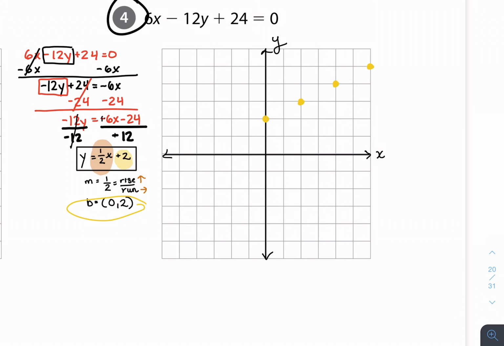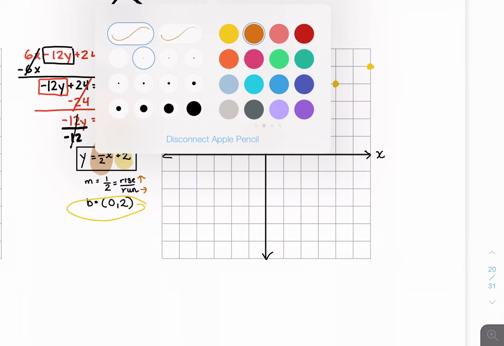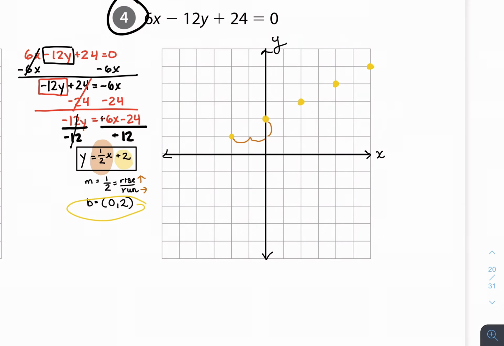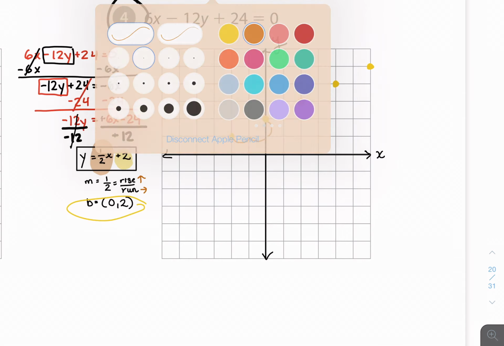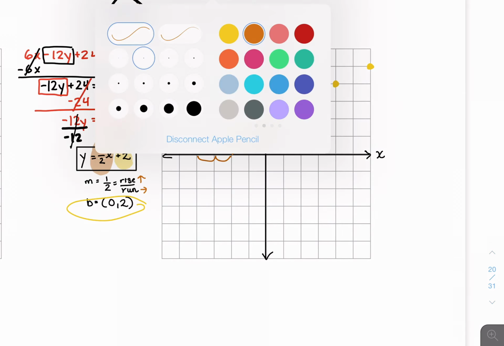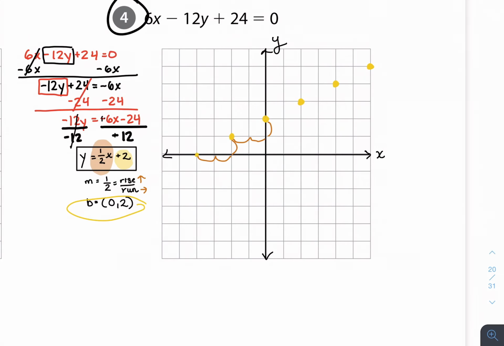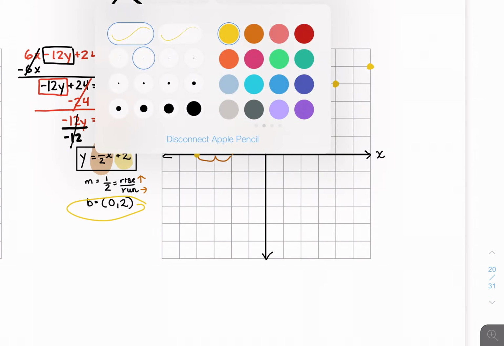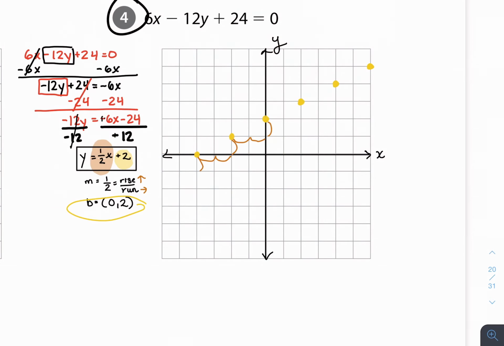So instead of up 1, I'm going to go down 1, and instead of right 2, left 2. And that gives me my next point. And I'm going to keep doing that same movement until I have all the points that can fit on this coordinate plane for the equation that I'm graphing.